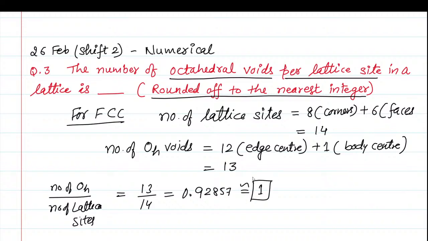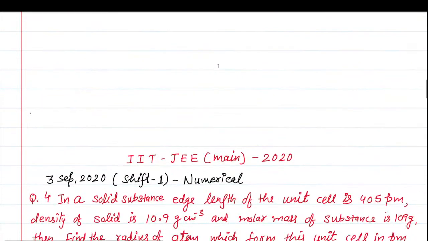So you can directly write 1, because it is rounded off to the nearest integer. So it can never be 2. It is always very close to 1. Done. These are the questions from IIT JEE 2021.